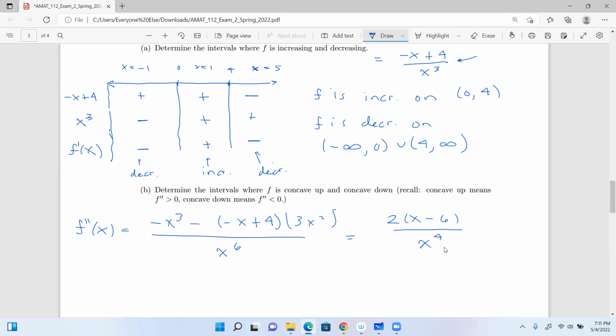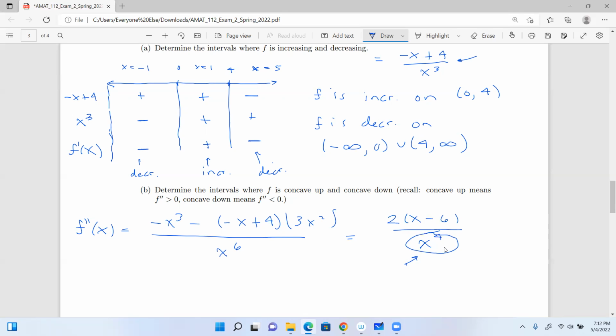So now again, remember the second derivative test tells us about concavity. It tells us that when the second derivative is positive, that corresponds to the function being concave up, and when the second derivative is negative, that corresponds to the function being concave down. And you notice in the second derivative, we have this x to the 4th. So this term does not contribute to the sign of the second derivative, because this will always be positive.